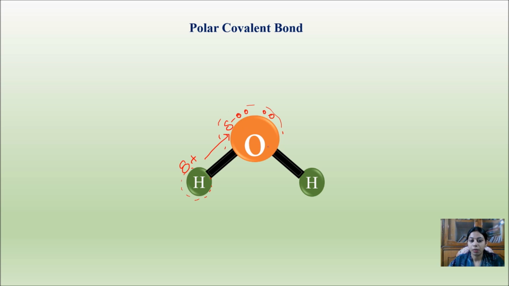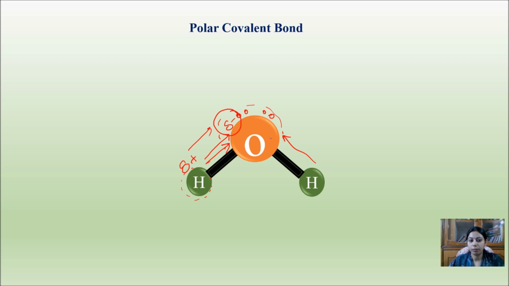Because of this, oxygen gets a partial negative charge, and around the hydrogen there is a partial positive charge because electrons around the hydrogen got shifted toward the oxygen. So this creates a polarity because of the shifting of electrons toward one side, and this is included under the polar covalent bond.